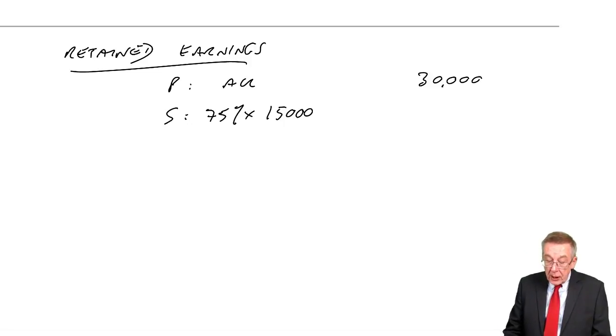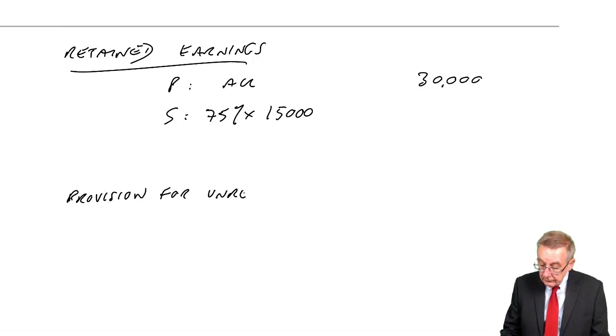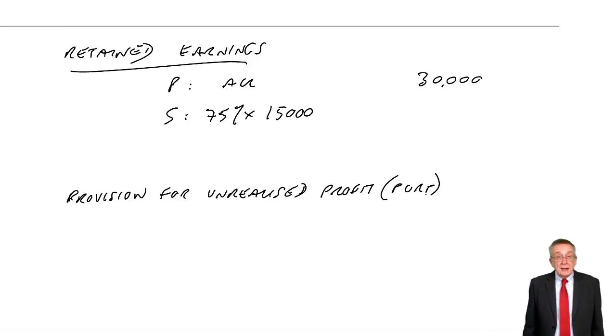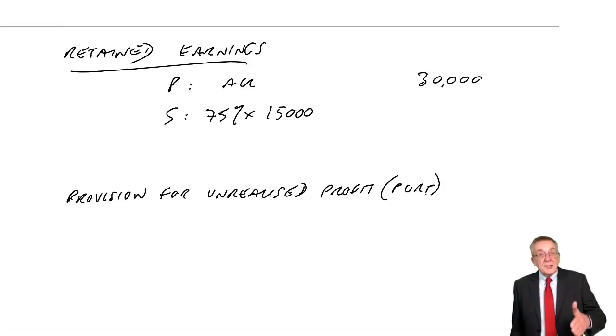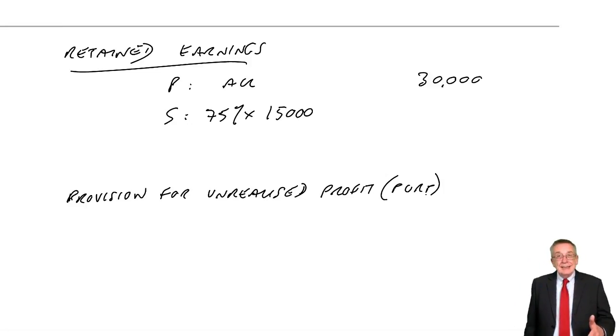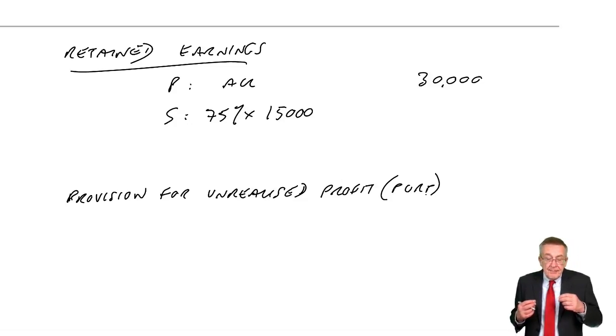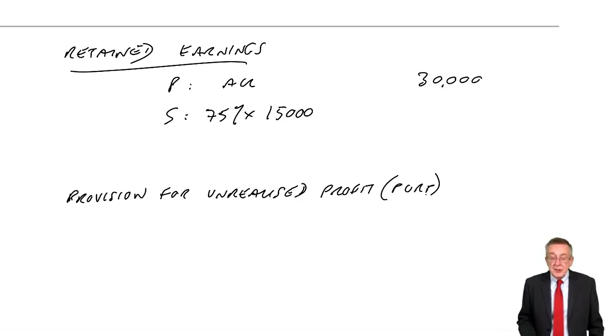And so we need to do our workings, what we call the provision for unrealized profit, or the PURP. We need to calculate on what's left in inventory how much profit is included that S obtained because they'd sold goods to P.